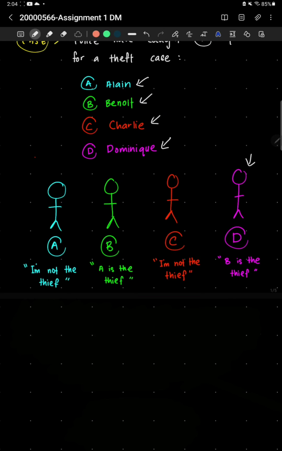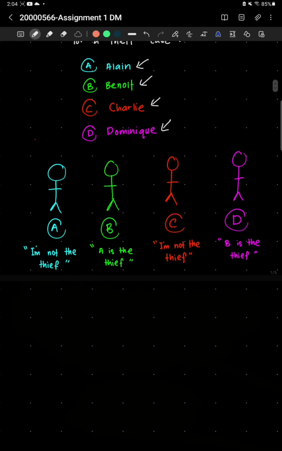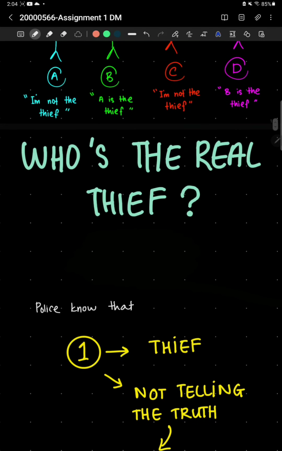So now he is accusing B as the thief, and A, C, and also himself are not the thief. Okay, so now it's quite complicated, right? So now we are going to solve it by using graph theory. So who's the real thief? It's so confusing, right?